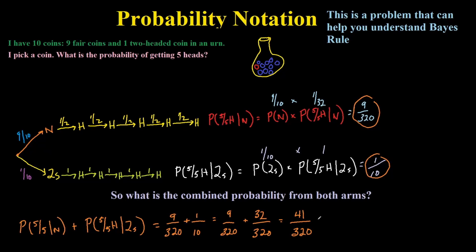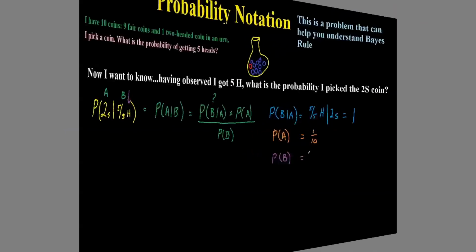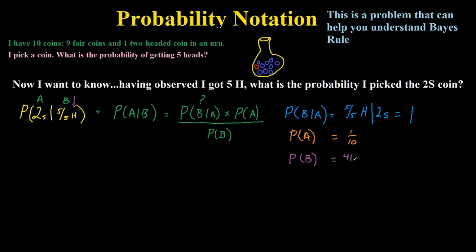If we picked the two-sided coin, we know that the probability was 1 out of 10. So we combine those two. Combined, the probability of getting 5 out of 5 heads overall was 41 out of 320. So now we take that number, that's the probability of B, the probability of getting 5 out of 5 heads no matter which coin we picked.